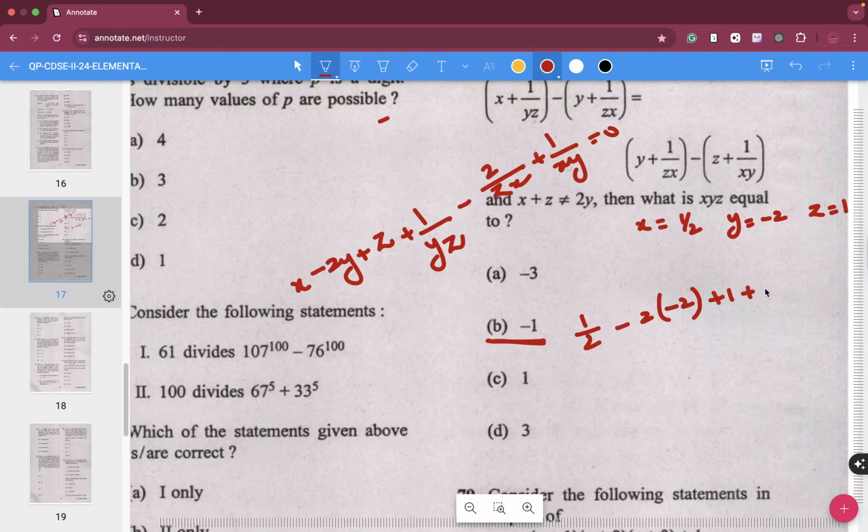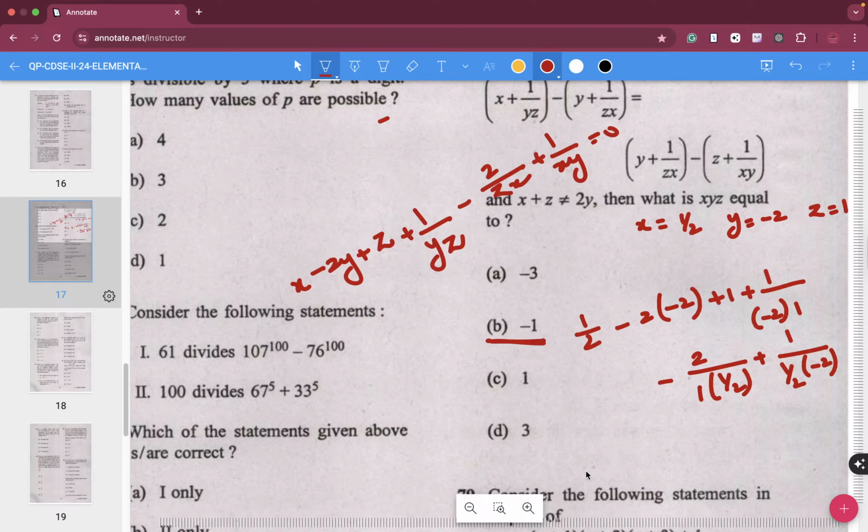Plus z plus 1 by y and z, then minus 2 divided by z into x, right? Plus 1 divided by x into y is what you have, right?